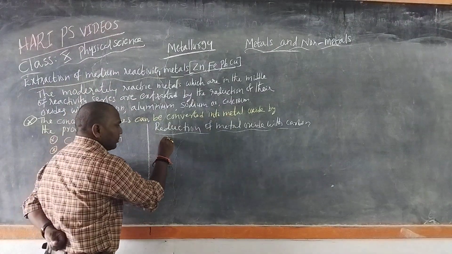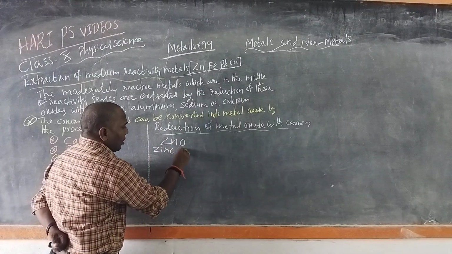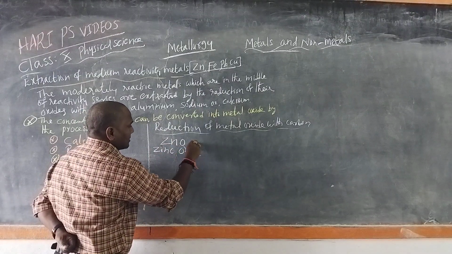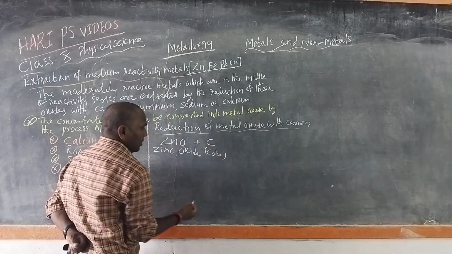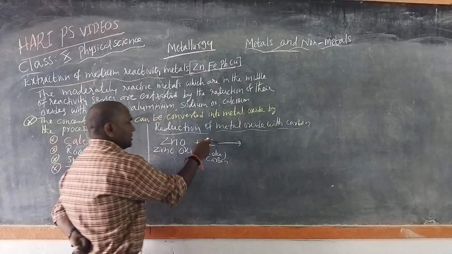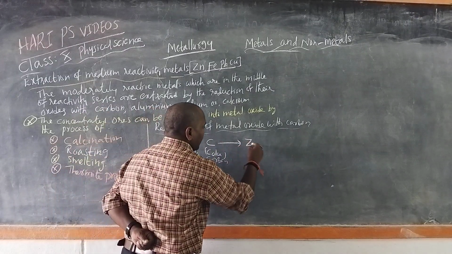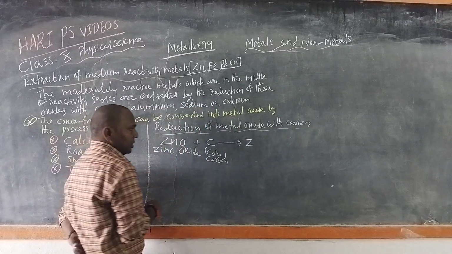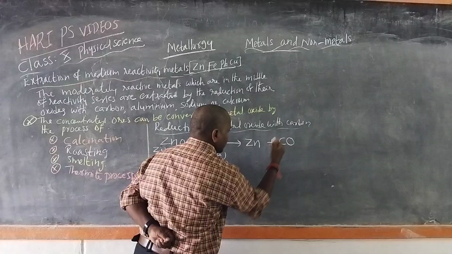Let's take one example, zinc oxide. Zinc oxide plus carbon, in the form of coke. This carbon displaces the oxygen from the zinc, so we get zinc plus carbon monoxide.